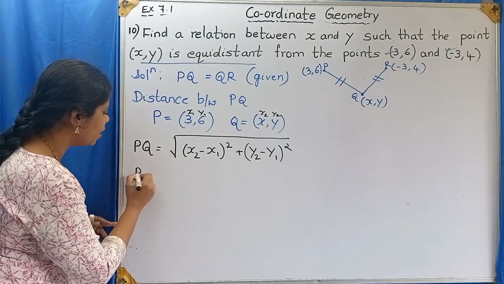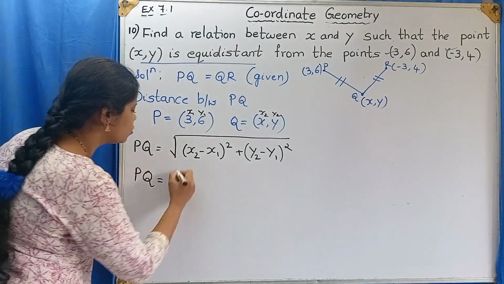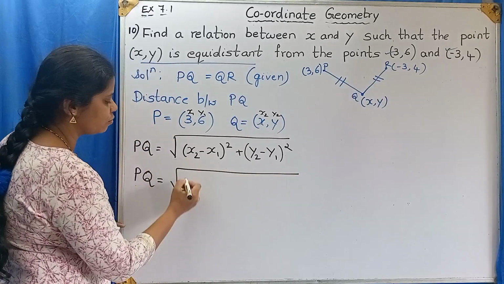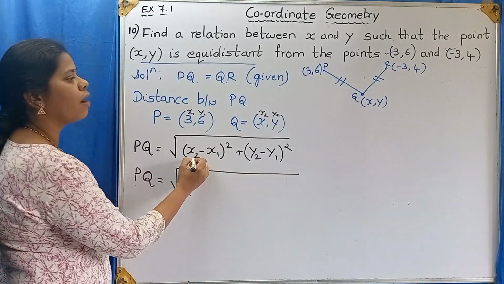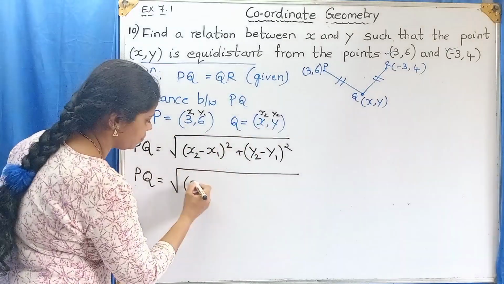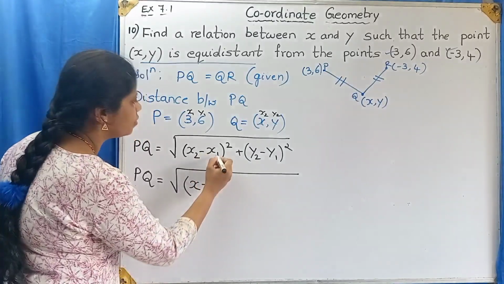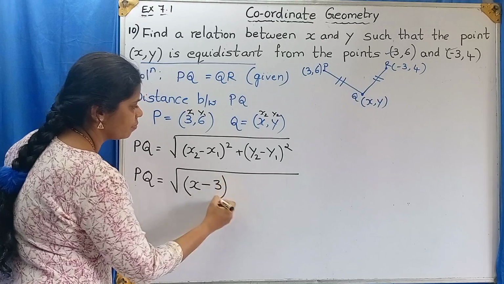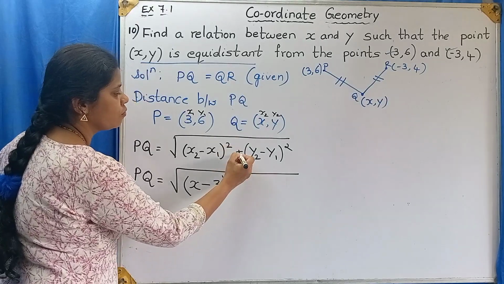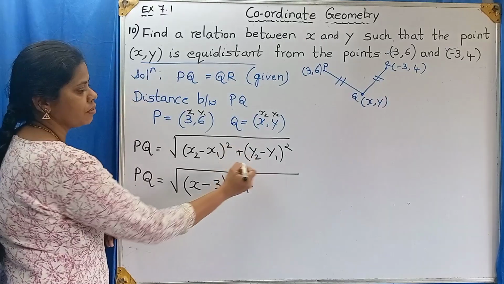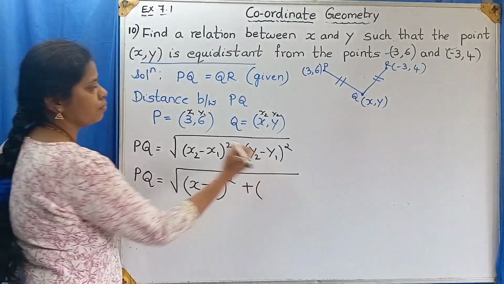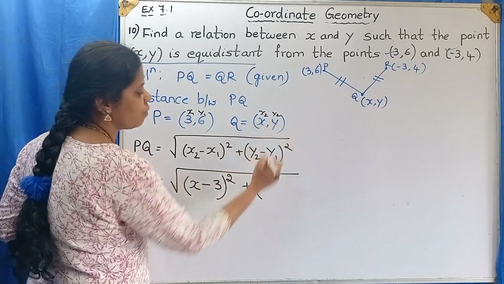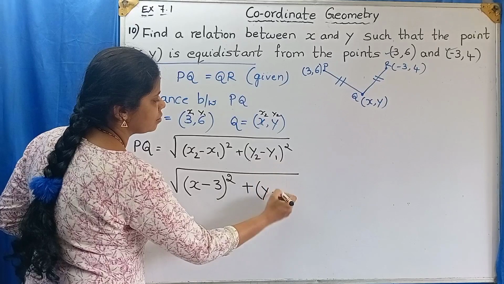PQ is equal to square root of bracket open x2. The value of x2 is x, minus x1. The value of x1 is 3, the whole square. Plus bracket open y2. The value of y2 is y, minus y1.